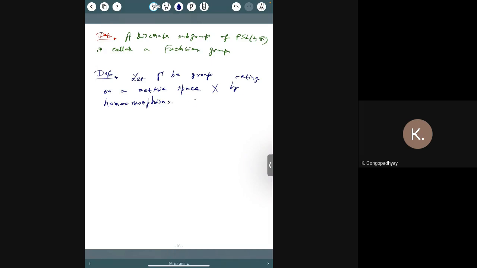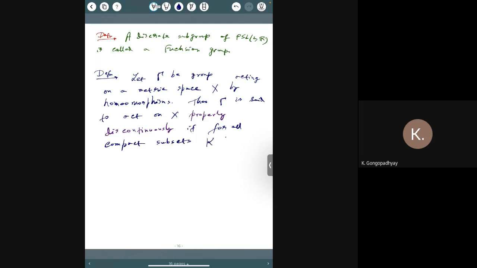Okay, then gamma is said to act on X properly discontinuously if for all compact subsets K inside X, the set is finite.